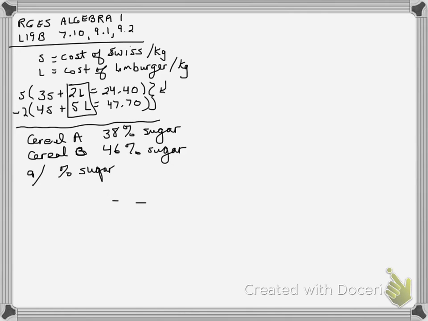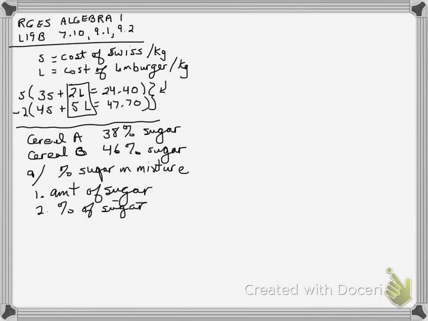Well, this is going to be a two-part problem. The first part, I will figure out the amount of sugar, and then I will figure out the percent of sugar in the mixture.